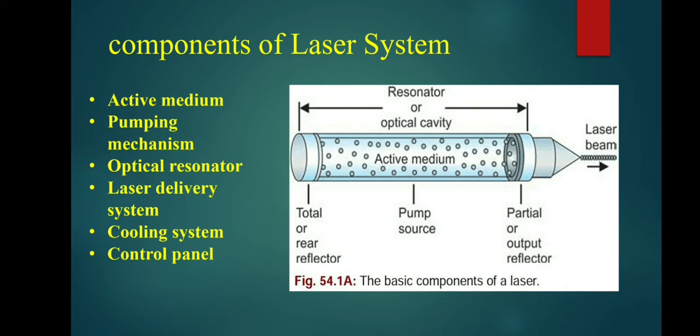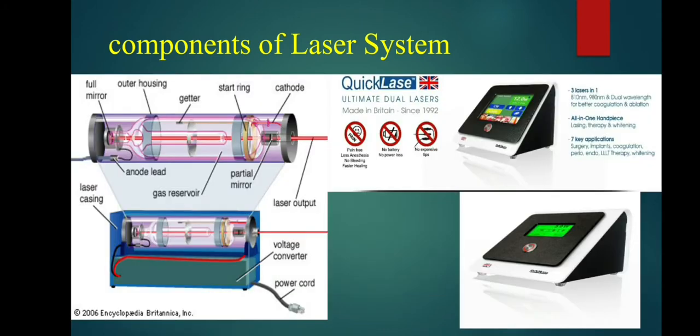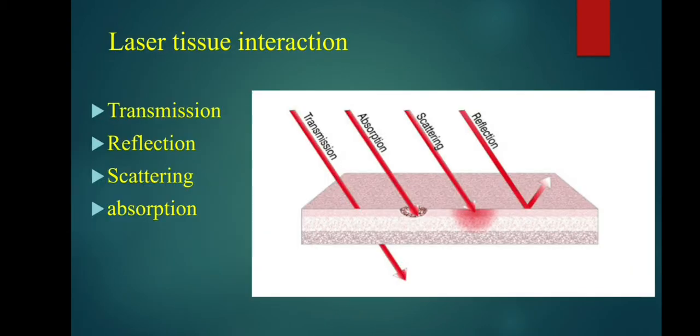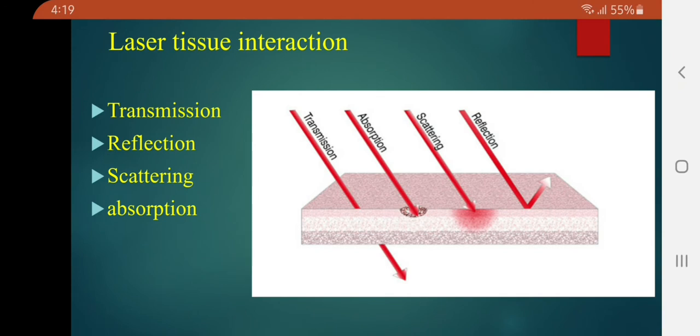Other facilities may allow wavelength change, multi-laser instruments, and printout of delivered laser energy during clinical use. These are the components of a laser device, and a picture of the laser machine that is the laser device used in our college.